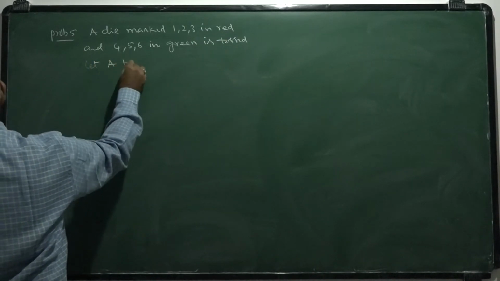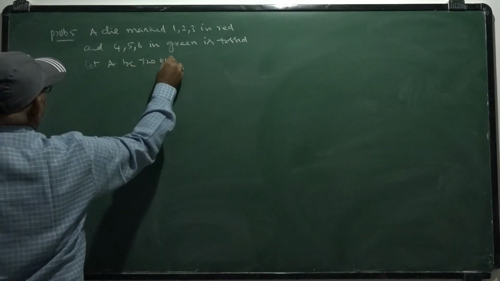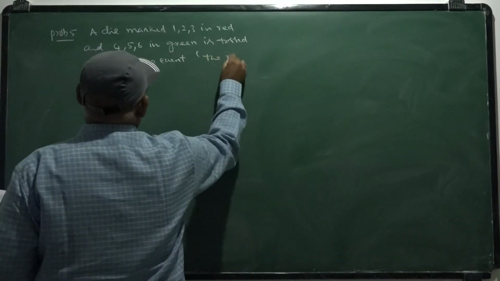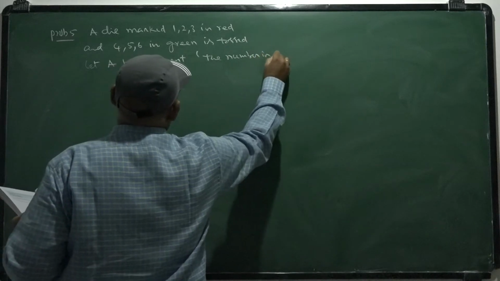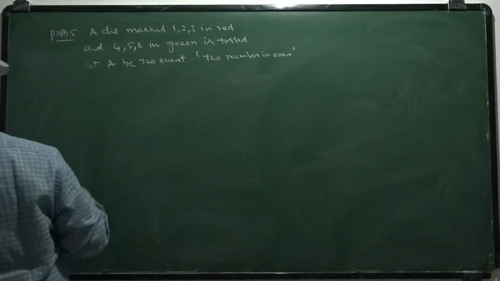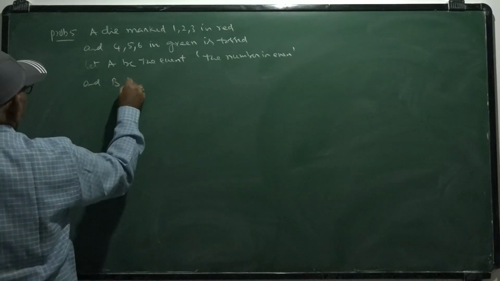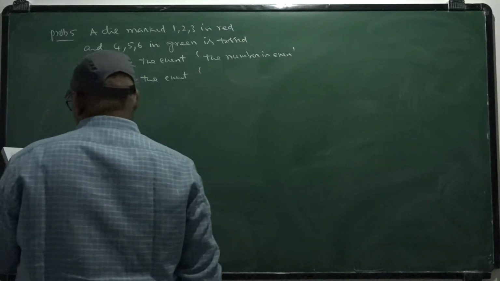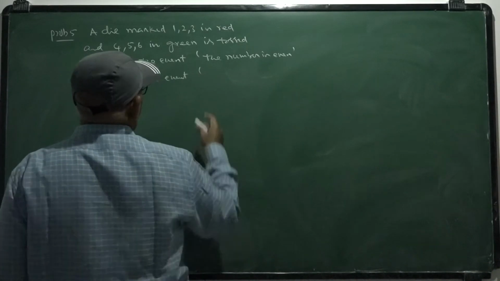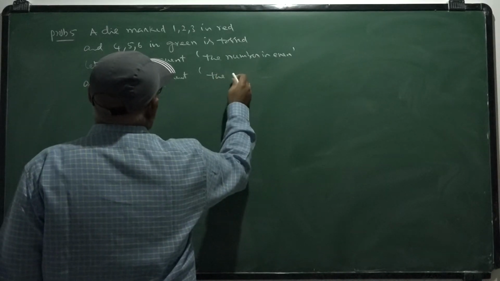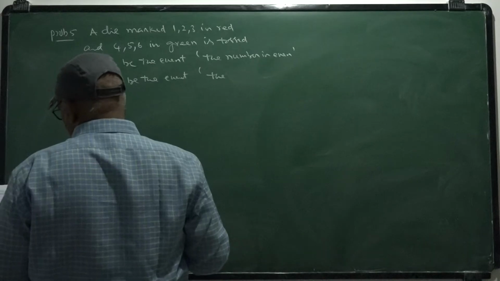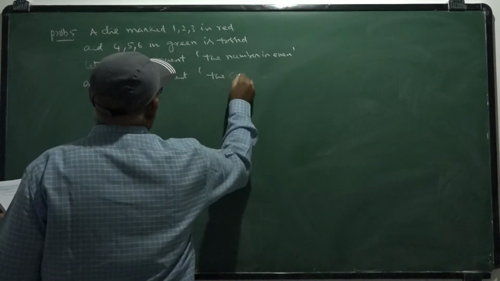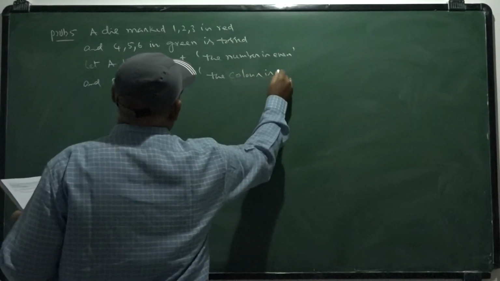Let A be the event that the number is even, and B be the event that the color is red.